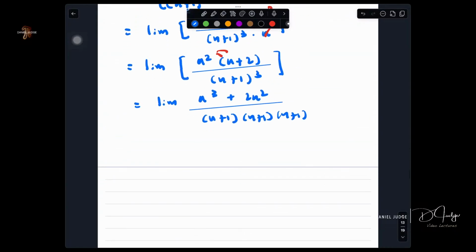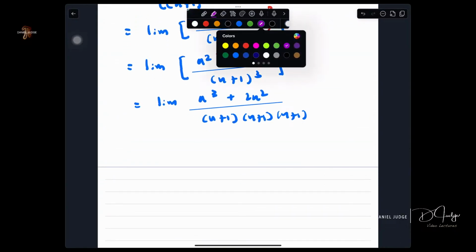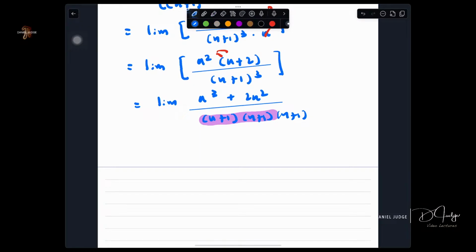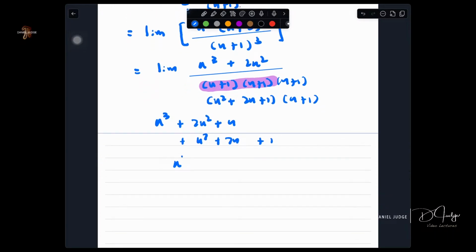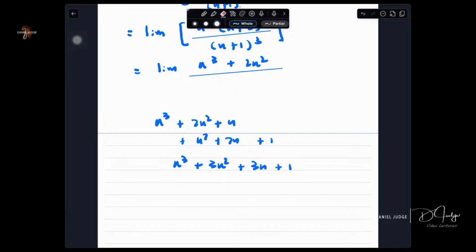Just doing a little bit of algebra: the algebra down here should give you n squared plus 2n plus 1, but we have to multiply that by n plus 1. So we get n cubed plus 2n squared plus n squared plus 2n plus 1, which gives you n cubed plus 3n squared plus 3n plus 1 by expanding the (n plus 1) cubed here using algebra.